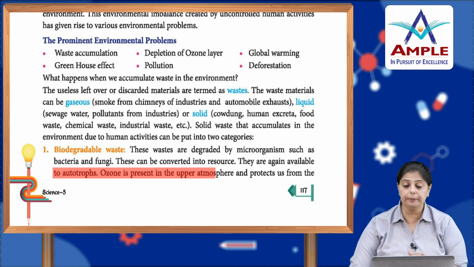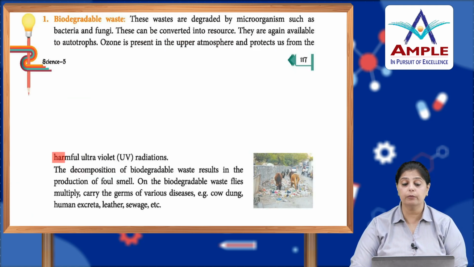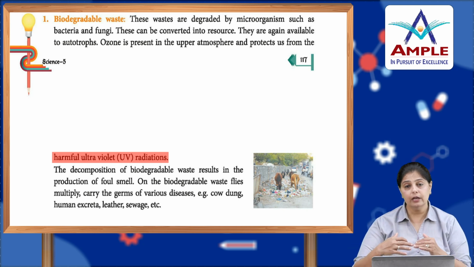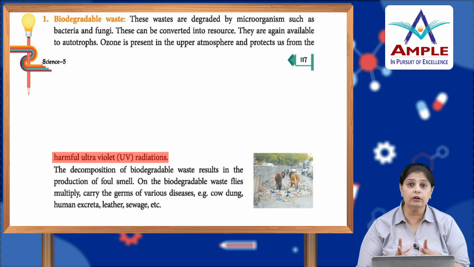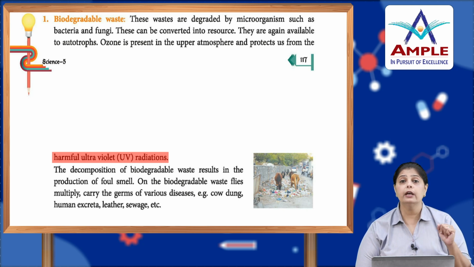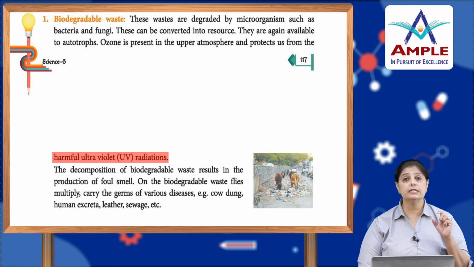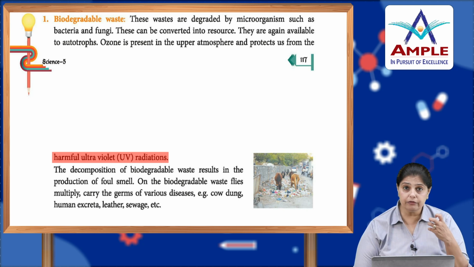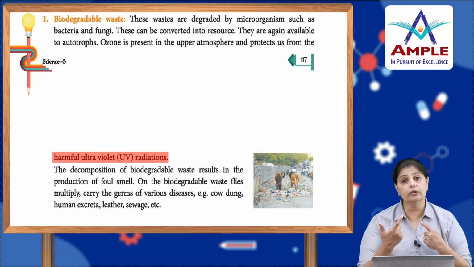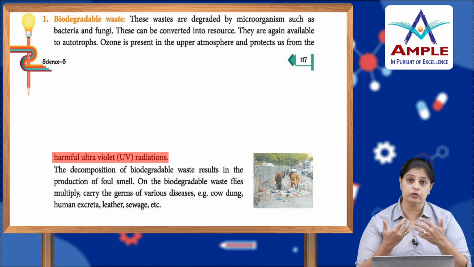Ozone is present in the upper atmosphere and it protects us from the harmful ultraviolet radiations. If you have ever gone onto mountain tops, or areas at a very high level above the sea, the heat over there is really scorching, because the ultraviolet rays of the sun are very close over there.